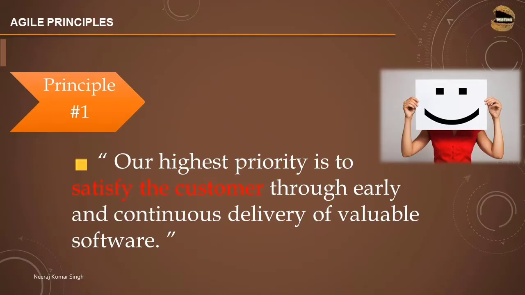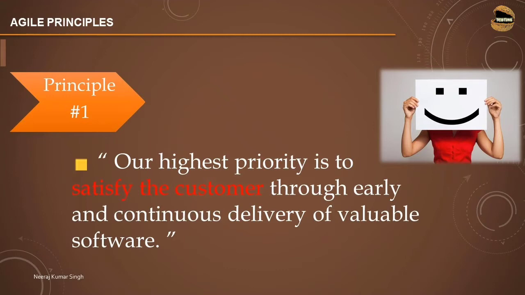Principle number 1. Our highest priority is to satisfy the customer through early and continuous delivery of valuable software. So the most important thing, as we have been learning with the Agile methodology so far, is to satisfy the customer. No matter what you are doing, probably you are creating a lot of designs, doing efficient work to create that product and let it deliver the expected outcomes.